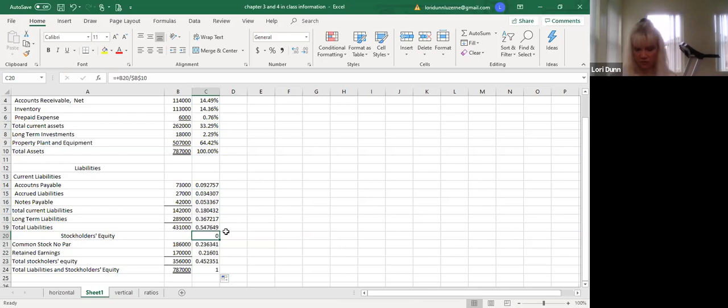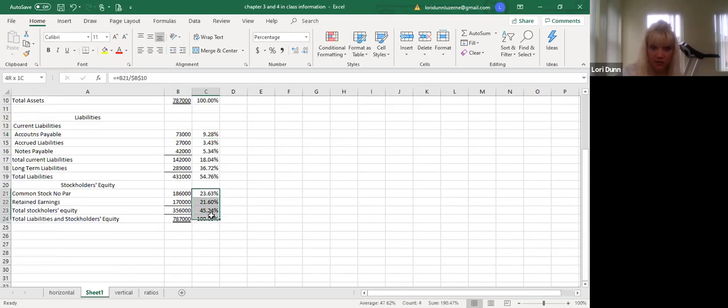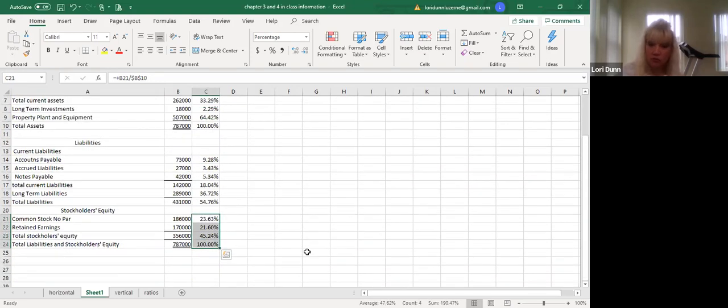Now you can look at this from a couple different perspectives, and I look at it from two different ones. Of all the assets, 10% we still owe in accounts payable. Of all the assets overall, we owe on 55% of them. And it's just telling you the percent of the assets you still owe on and the percent of the assets that the owners own of the company.